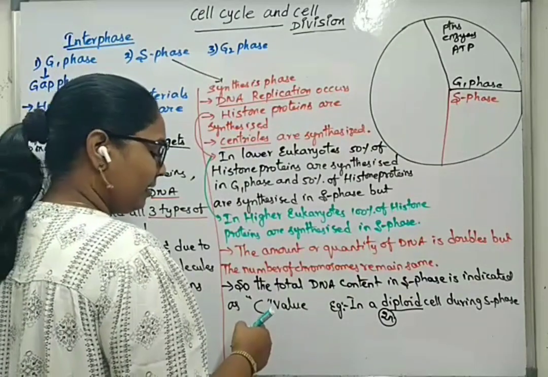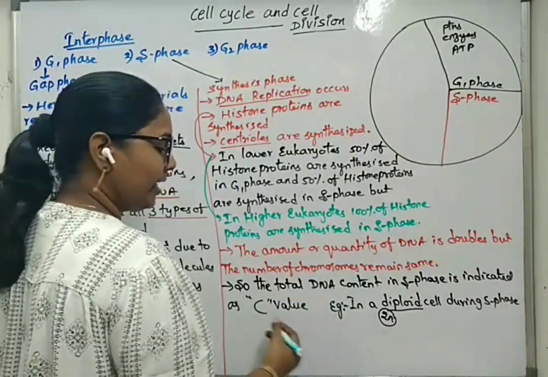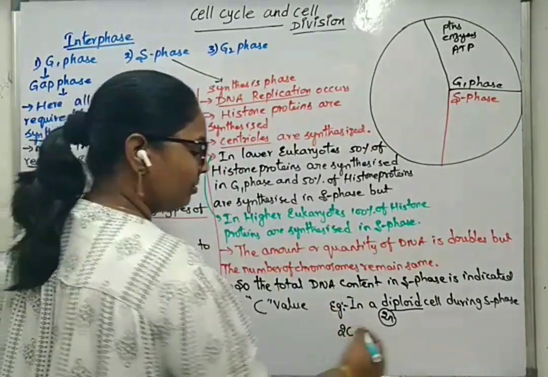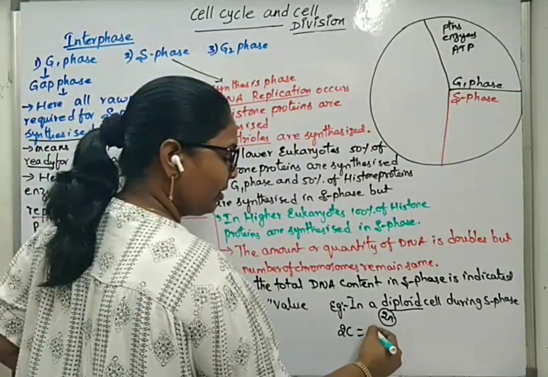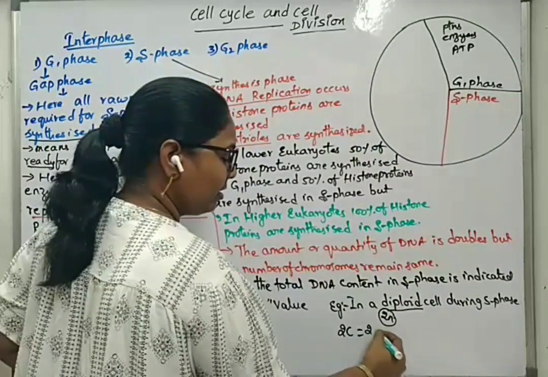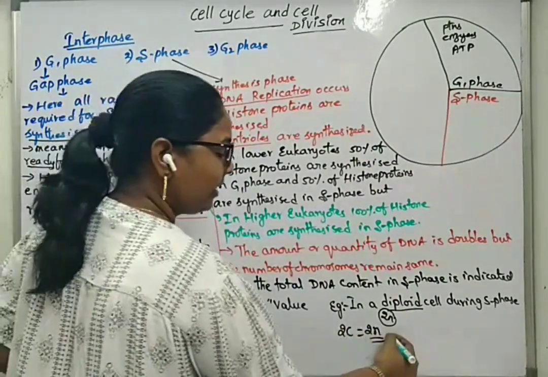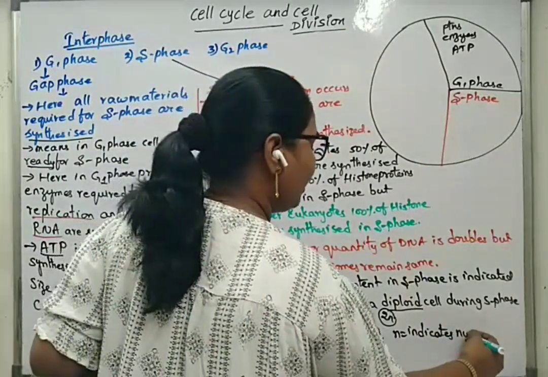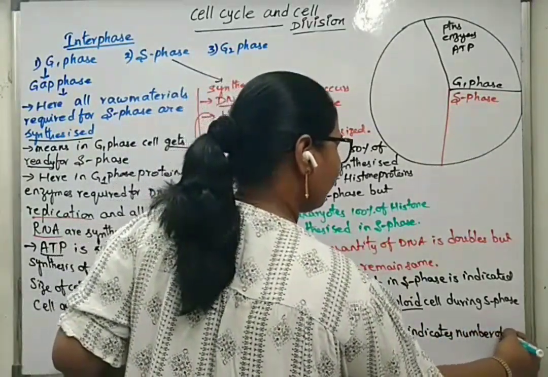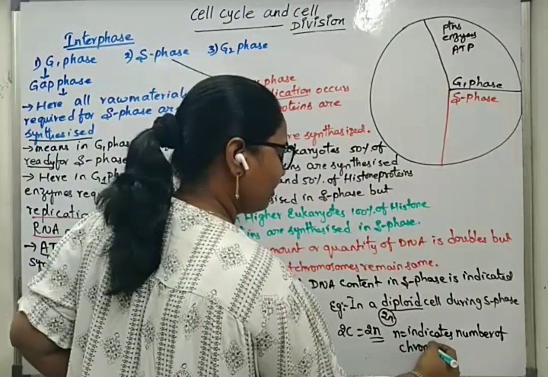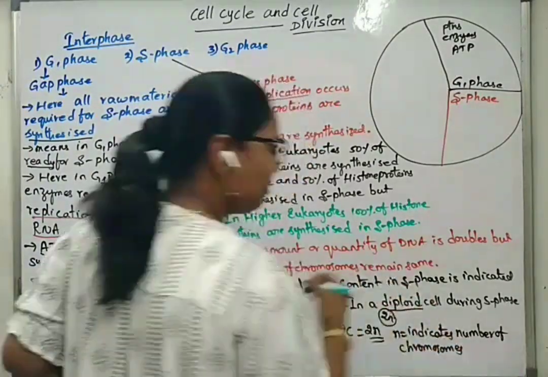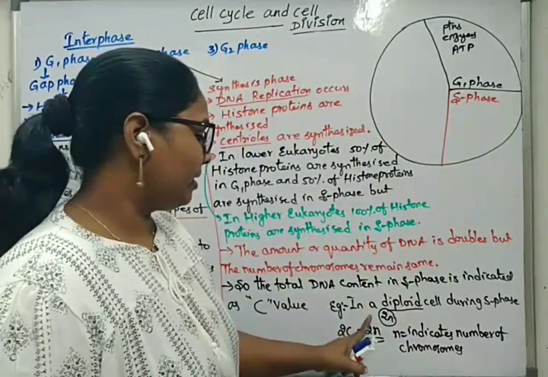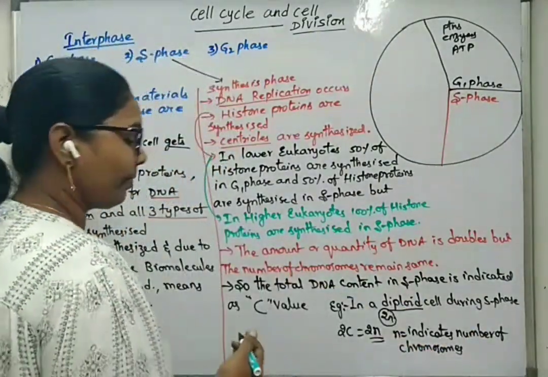Here C value means total content of DNA. So we can write 2C is equal to, during S phase there is no increase in 2n. Here n indicates the number of chromosomes, in a diploid cell during S phase.